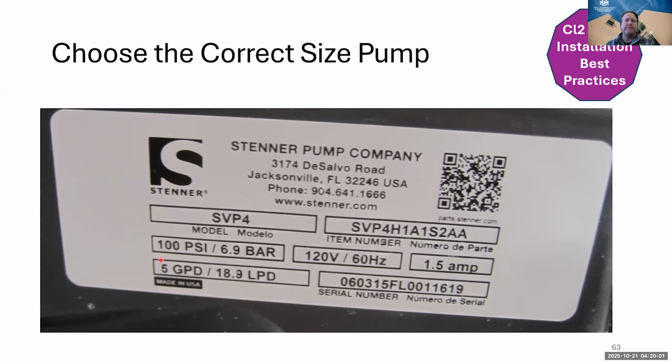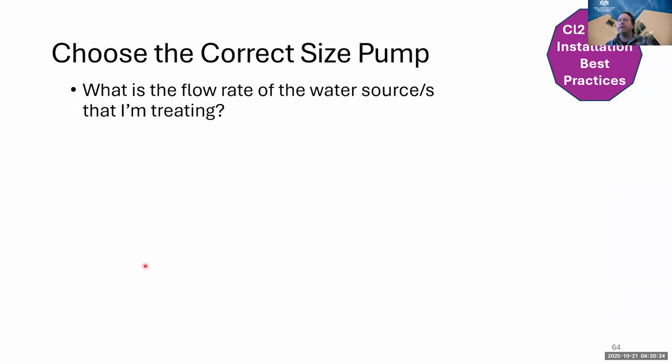This is also a pretty small pump. It is only able to apply a total of 5 gallons per day of chlorine solution. So if it's operating at 100% capacity, 24 hours in a day, it will put in 5 gallons per day of whatever solution you're applying. So keep those things in mind.